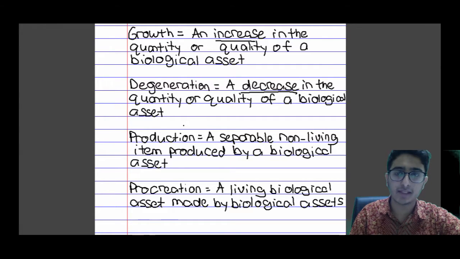Production talks about a separable non-living item produced by a biological asset. The keyword is separable non-living item. A good example would be, say if I get milk from my cow. Now this is separable, meaning I can take it out, and it is a non-living item. And this is produced by a cow, which means it is produced by a biological asset.